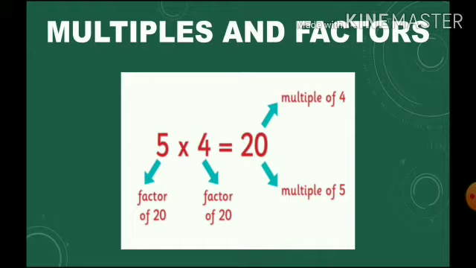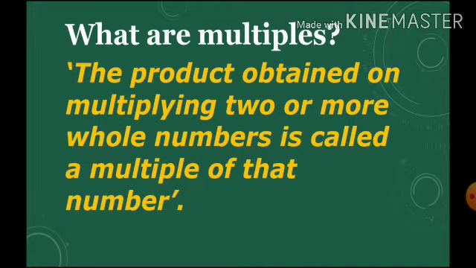Let's move to the next slide. What are multiples? You read with me. The product obtained on multiplying two or more whole numbers is called a multiple of that number. What is a product? When we multiply two or more numbers, we get an answer.